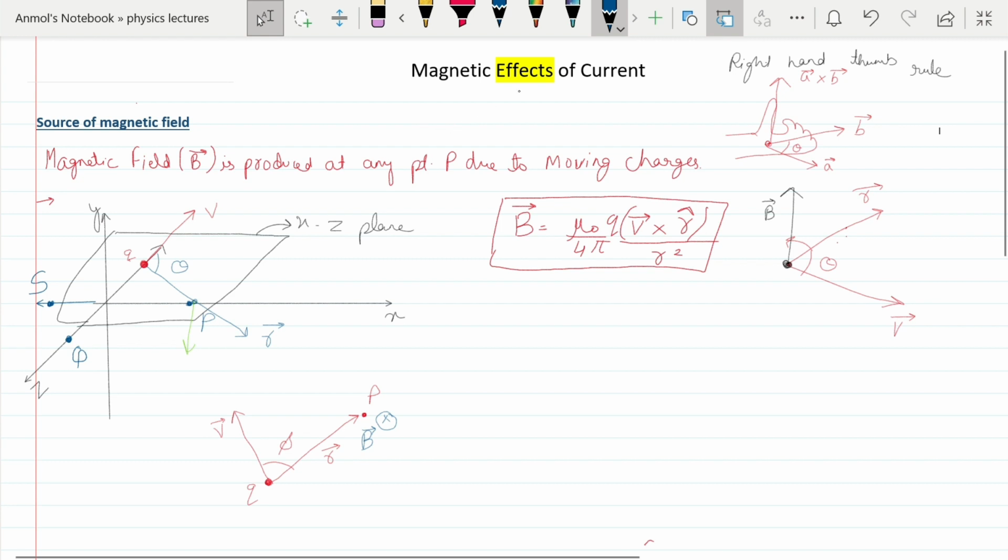So if you see here, we are talking about magnetic field. What is magnetic field? Magnetic field is shown by the symbol B. As you see, B is the symbol for your magnetic field.